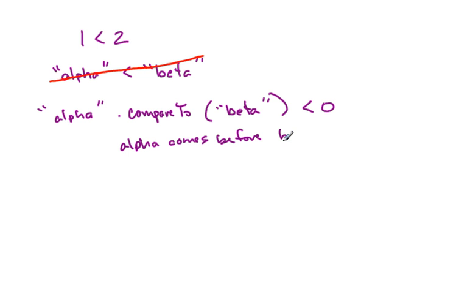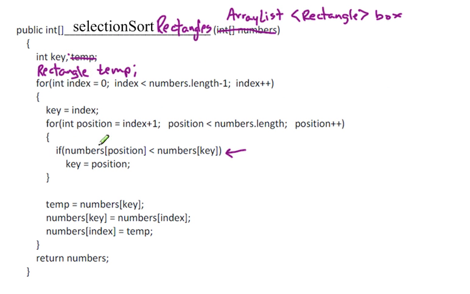Okay? Now, what I want you to notice is that that comparison of less than didn't change at all. So when we were comparing numbers, we had less than, 1 is less than 2. When we're comparing objects with a compareTo, the less than there is still a less than here. It's just whether it's less than 0 or greater than 0. So when we do this line here, let's just change it to use with rectangles.